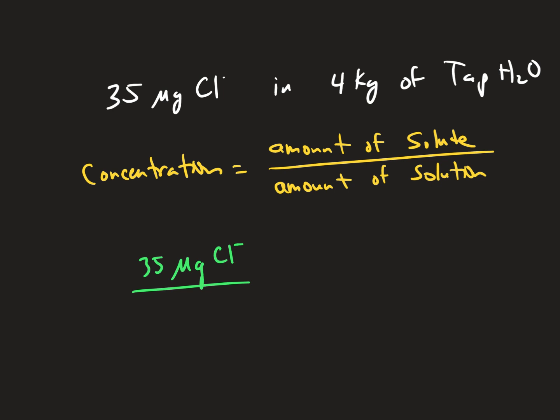Is 4 kilograms solution or solvent? How do we know? Because it's tap water, and tap water is not pure, right? Tap water is a mixture. It's a solution, okay? So we got 4 kilograms of tap water, because it's not just water.